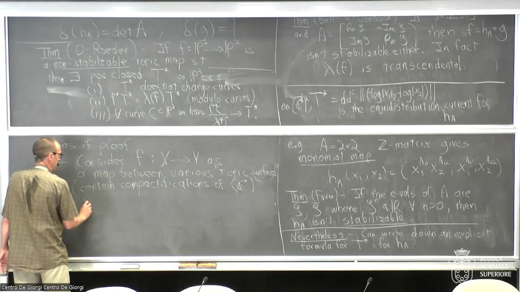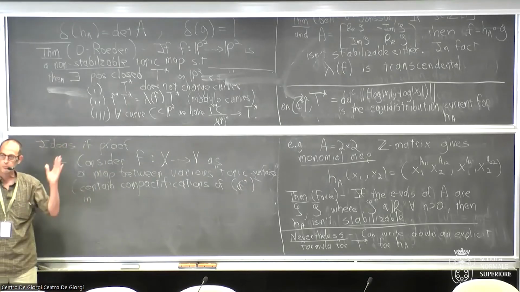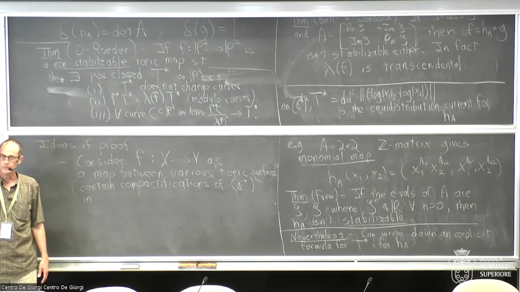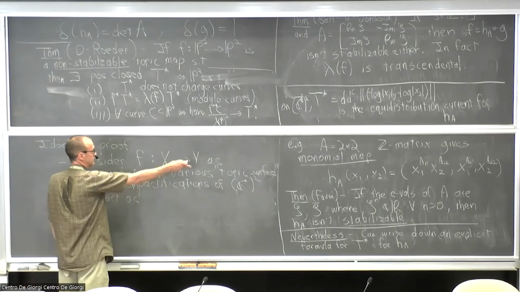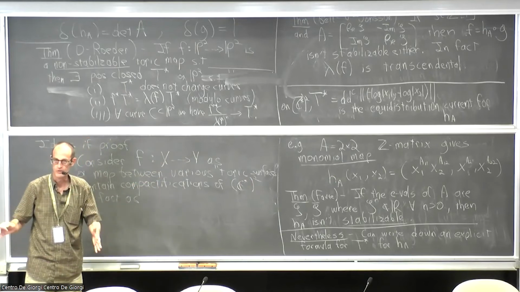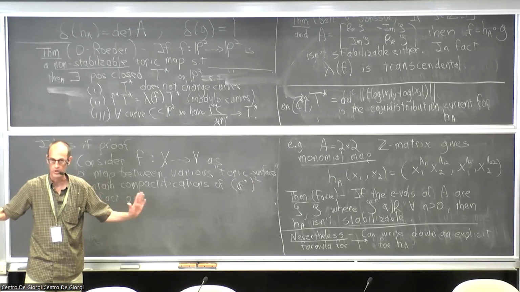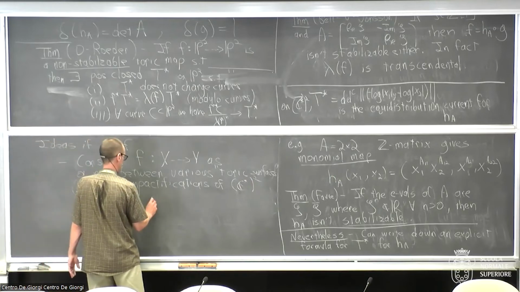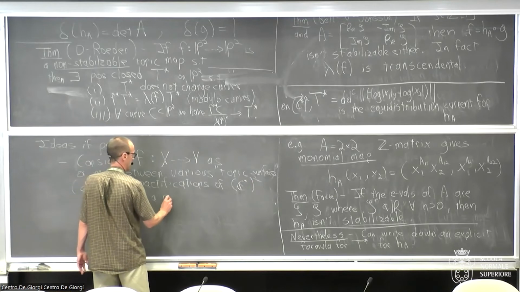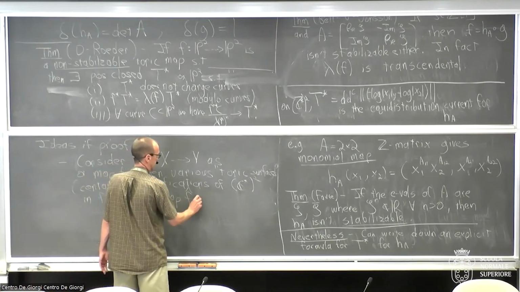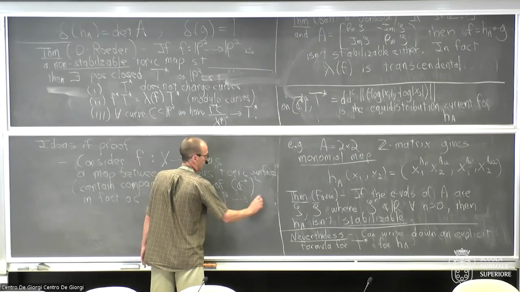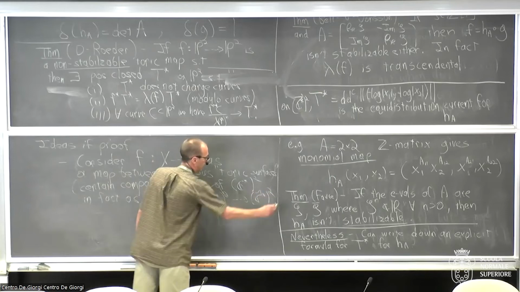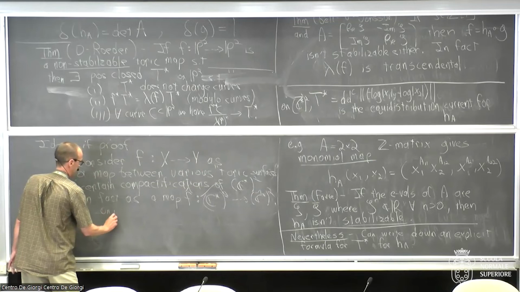In fact, the set of all toric surfaces forms a nice partially ordered set, an inductive set. So you don't just consider it as a map between various toric surfaces. You consider it as a map between all of them all at once, as a map, since I'm out of time, I can put a hat here, on the inductive limit of all toric surfaces.